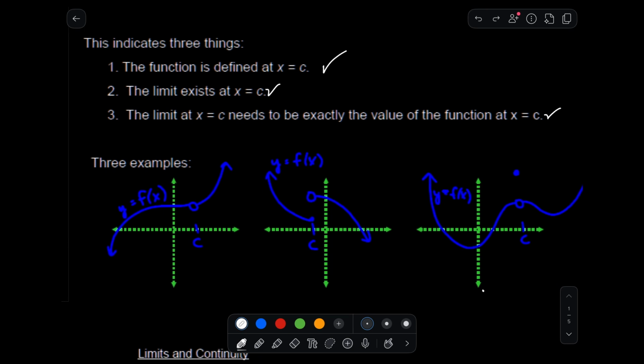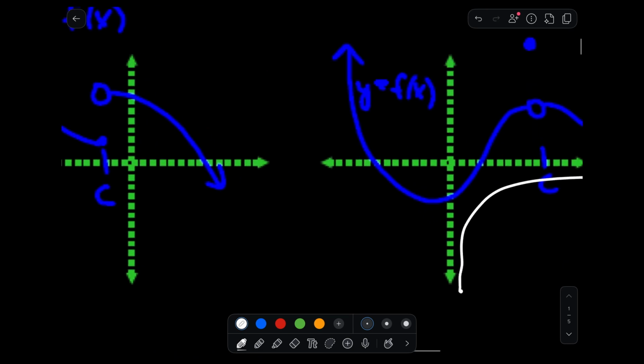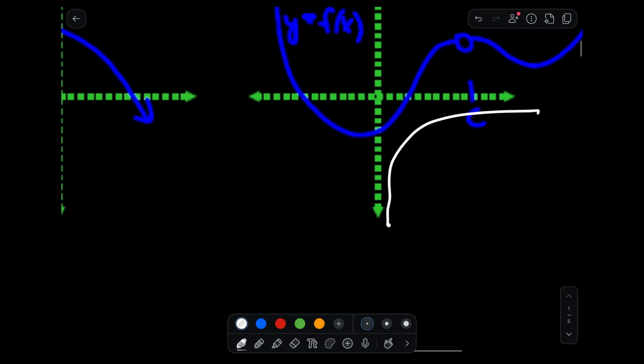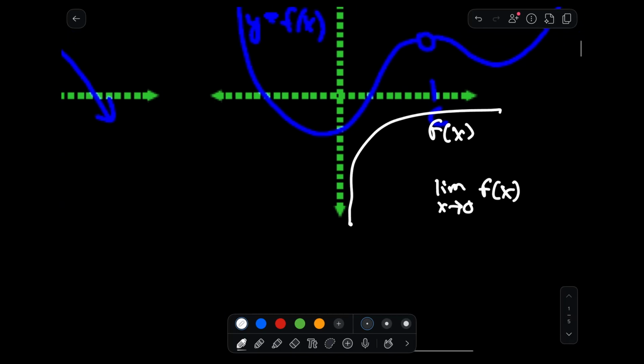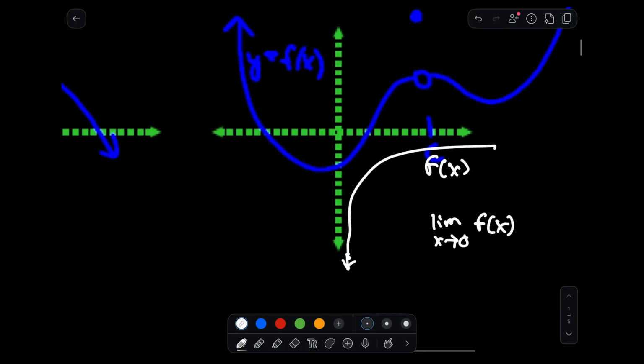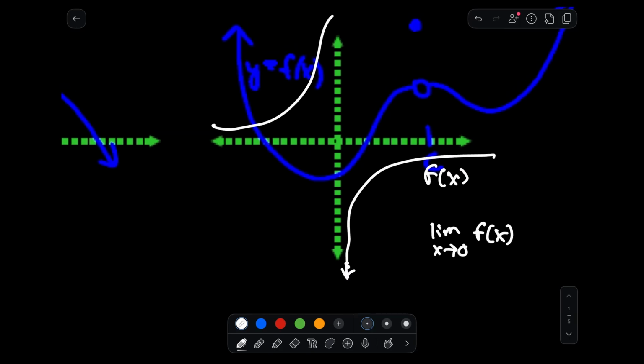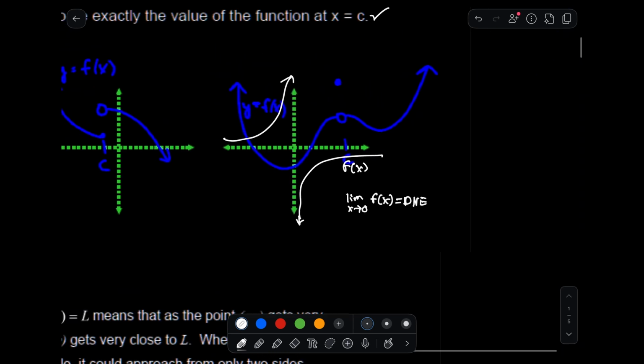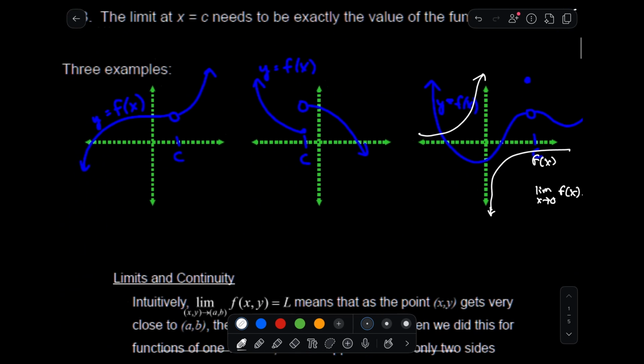So for example, if this white line right here were to represent a function f of x, the limit as x approaches 0 of f of x, this is going to go to negative infinity, but you have something else right here, so it's going to equal DNE, because these two sides aren't going to agree with each other. Also, f of 0 isn't defined, therefore we can't say that the limit exists at 0.